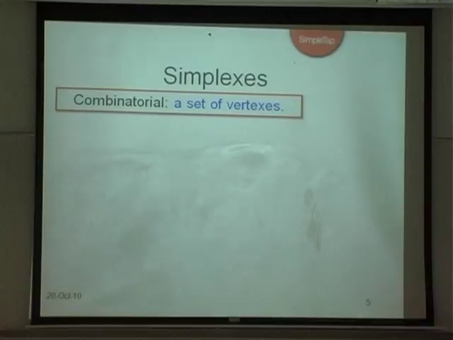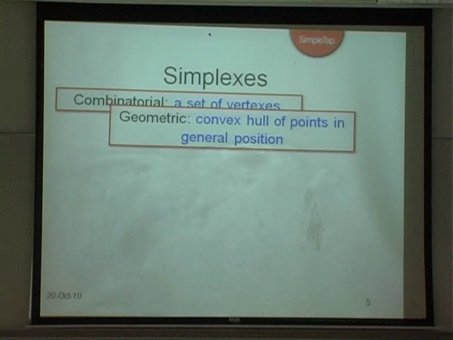A simplex, combinatorially, is just a finite set of vertices. For a lot of our results, that's all you need to know about what a simplex is. It's just a way of talking about finite sets. But it's also convenient to think of these as the convex hull of some number of points in general position.